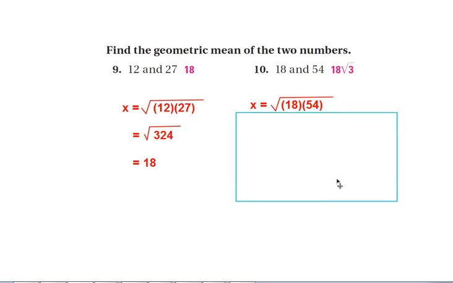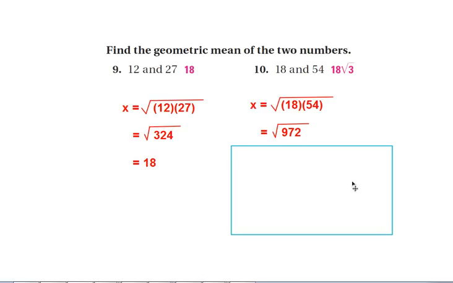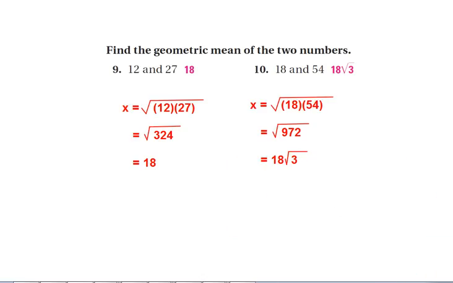The square root of 18 times 54 is the same as saying the square root of 972. You wanted to try to break that down as much as you could. When you did that, you would get a couple extra factors of 2, a couple factors of 3. You break that down. 972 is going to equal 2 times 2 times 3 times 3 times 3 times 3, one more 3.